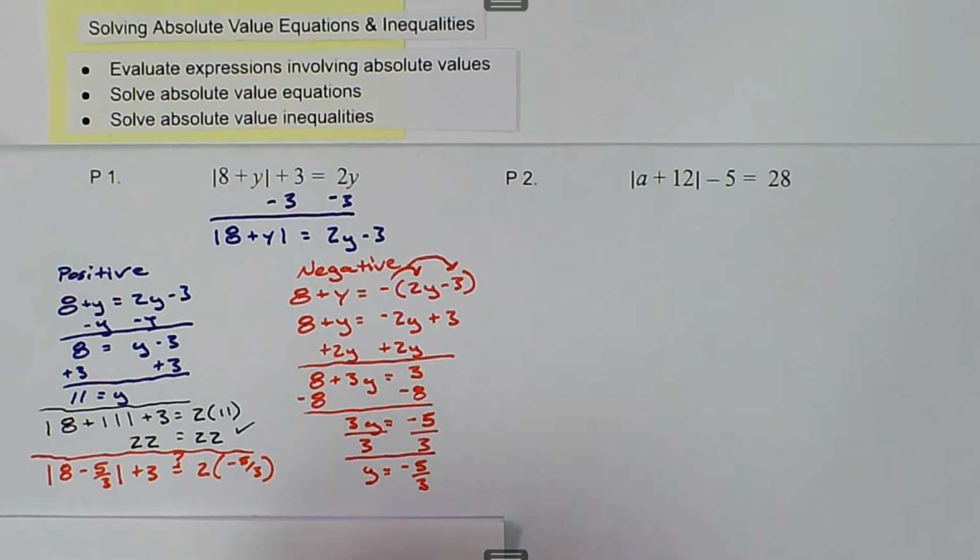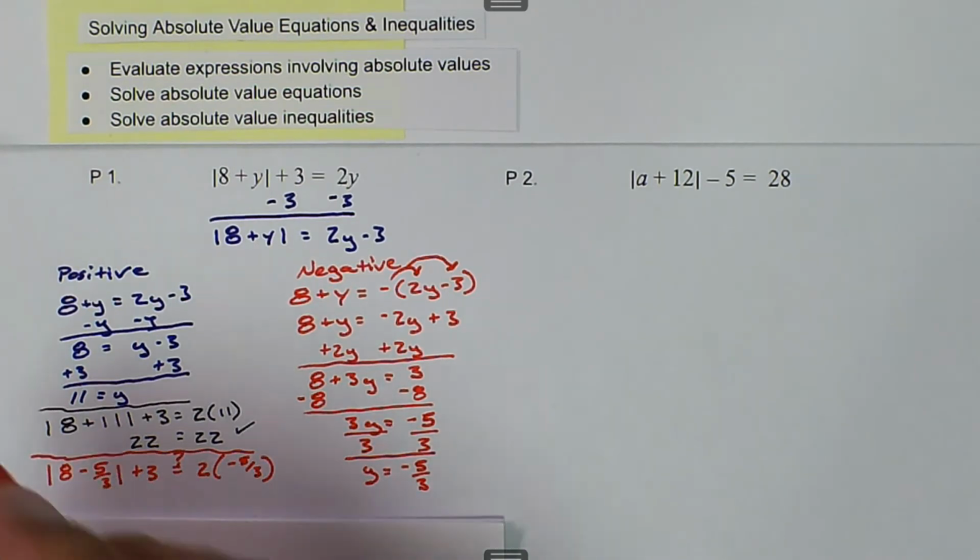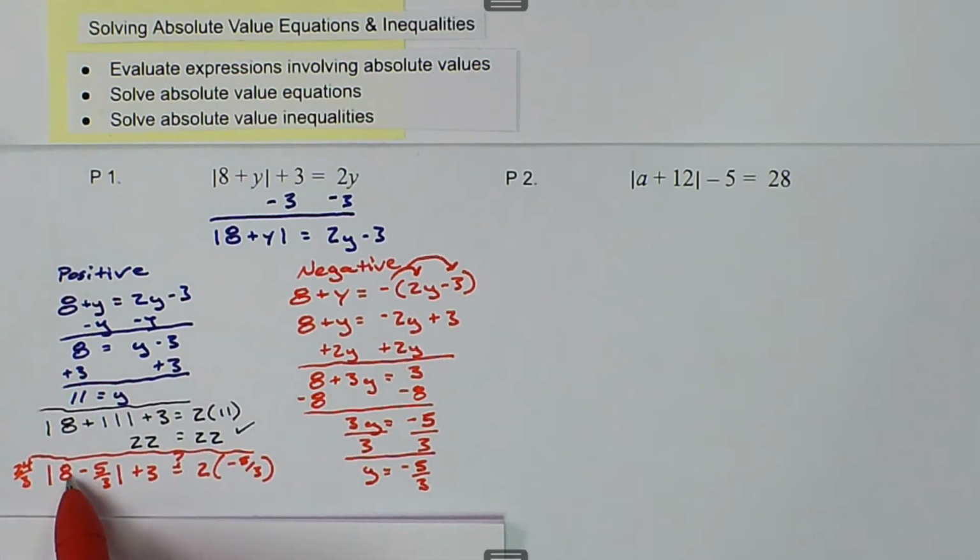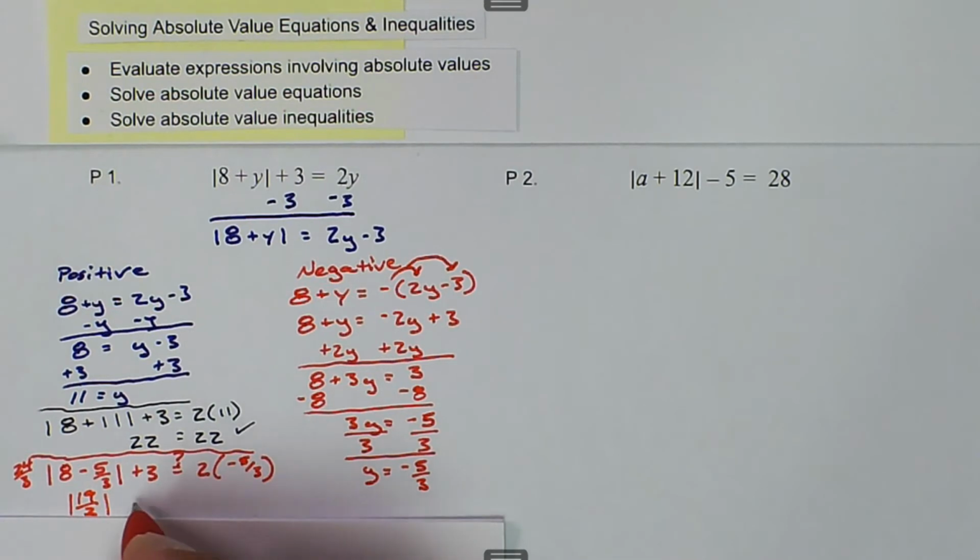So 8 minus 5/3, so thirds, that's going to be 24 thirds for the 8. If we take 24 divided by 3, we get 8. So 24 minus 5 is 19. 19 thirds, absolute value, plus 3. Still checking to see if that's correct. And 2 times negative 5 is going to be negative 10 thirds.